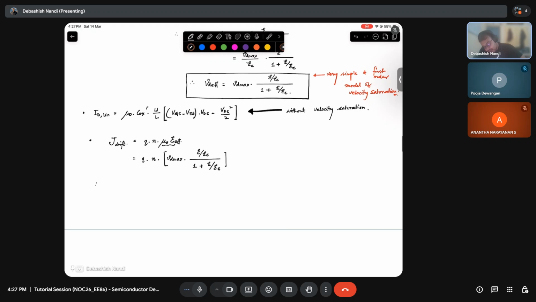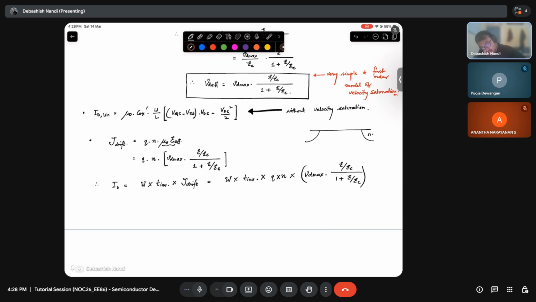Yes, sir. Now your ID will be area, let's say T inversion times this J drift. That will be W times T inversion times Q N times VD max E by EC divided by 1 plus E by EC. So what is this?